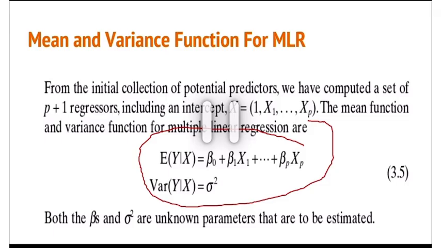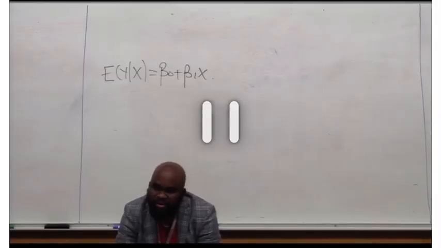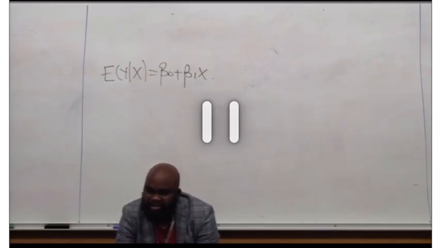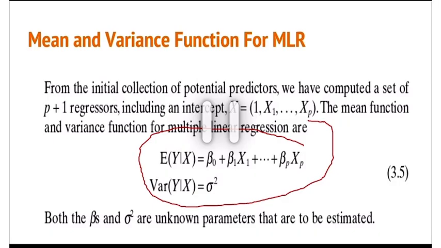So let me prepare your mind. In the statistical framework, we borrow a lot of ideas from mathematics. Because a lot of parameters will be involved, here I'm going to have beta naught, beta 1, beta 2, up to beta p. I also need the variance to be estimated. I've got a lot of parameters to be estimated, and because of that, I have to use an approach in math that will enable us to simultaneously estimate all these parameters.